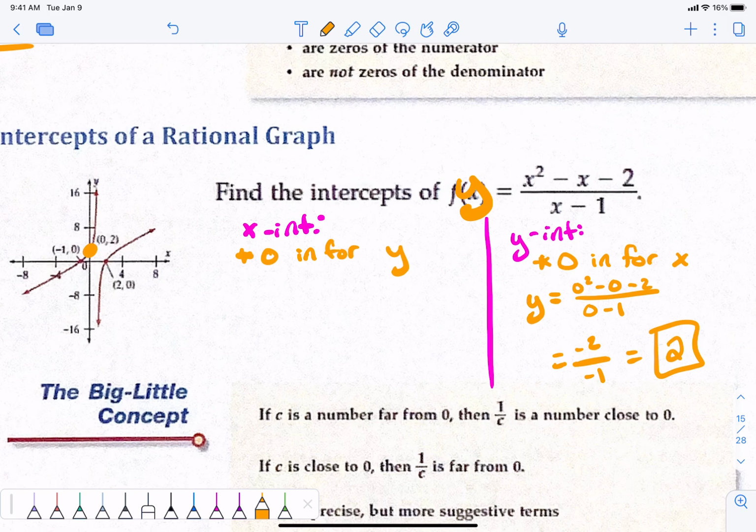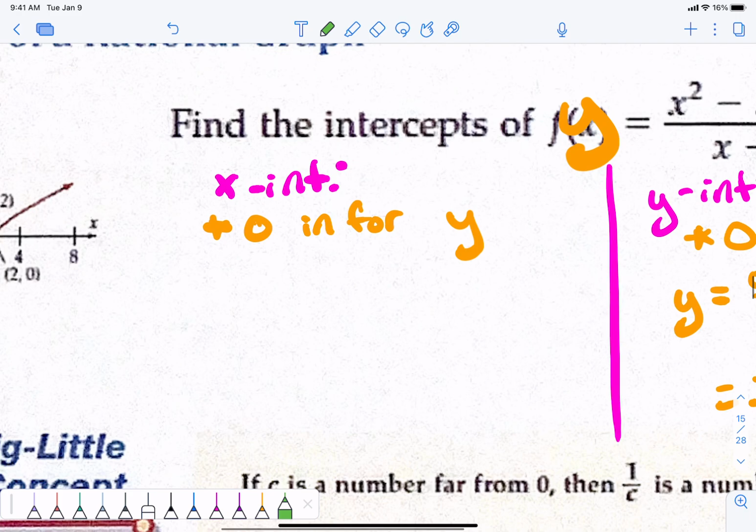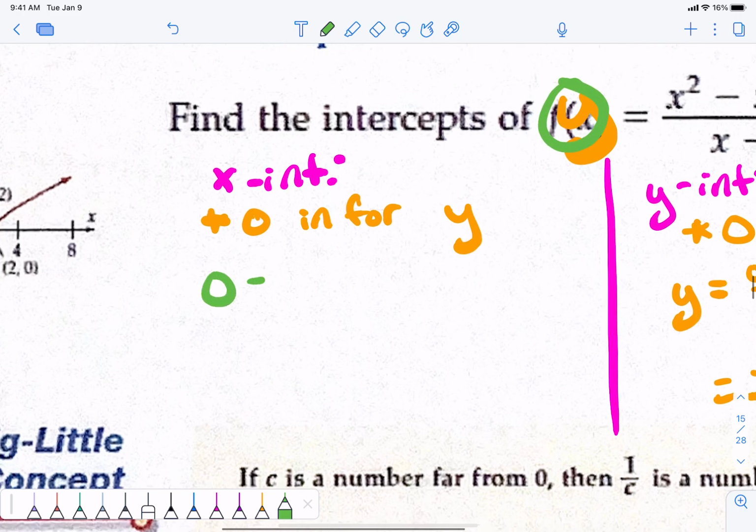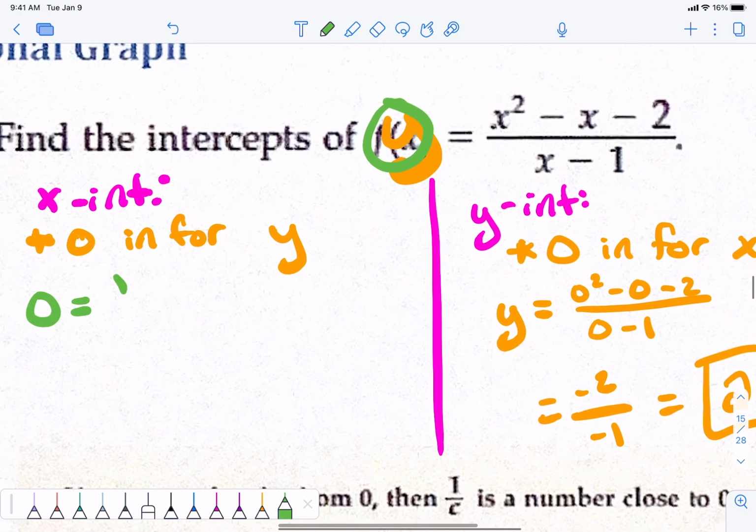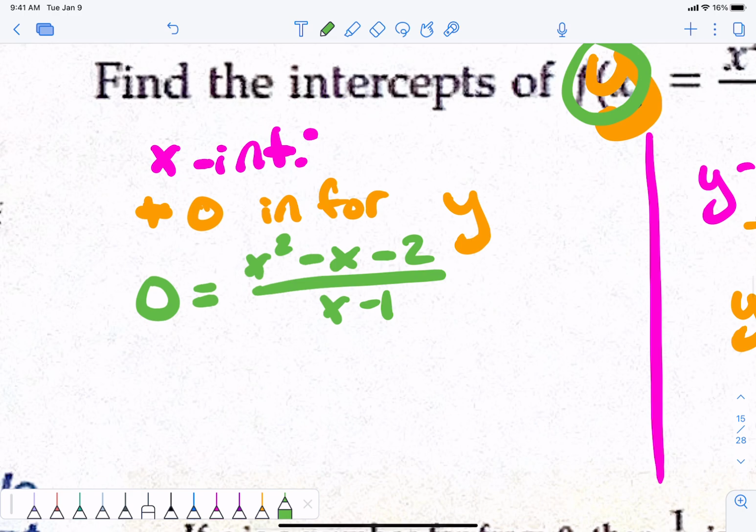Now the x-intercept: we plug 0 in for y. y is this guy right here. So we plug 0 in and we get x squared minus x minus 2 all over x minus 1. Now how do I solve for x when I have 0 on the other side?